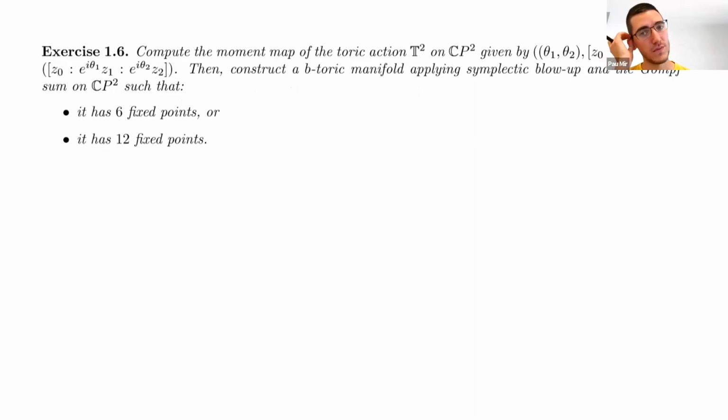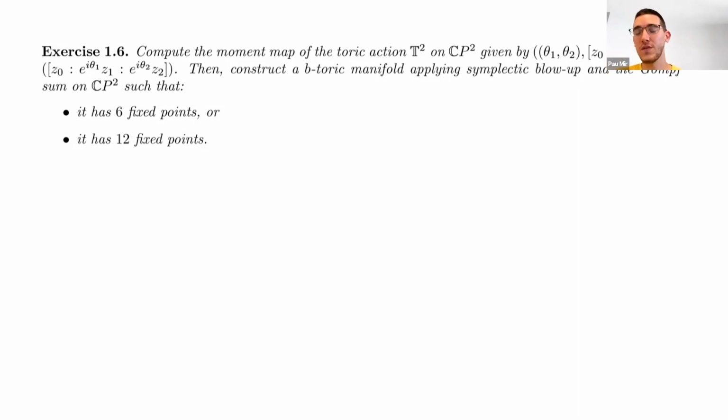But let's go to number 6, in which we ask to compute the moment map of the toric action of the two-dimensional torus on the complex projective plane, given by this action of rotations. Then we construct a b-toric manifold applying symplectic blowups and the connected sum, this symplectic sum, on the manifold that we have after the symplectic blowups, starting from CP2.